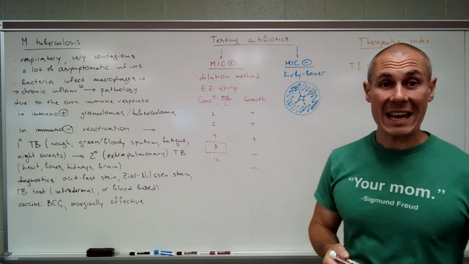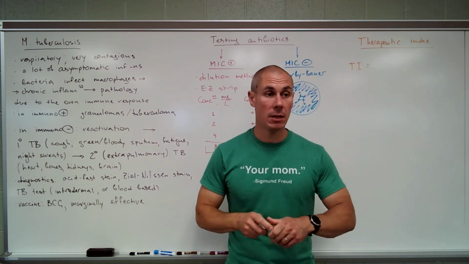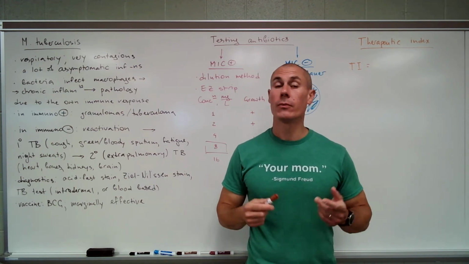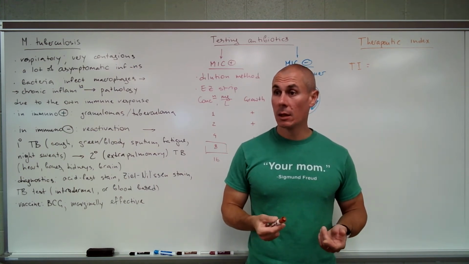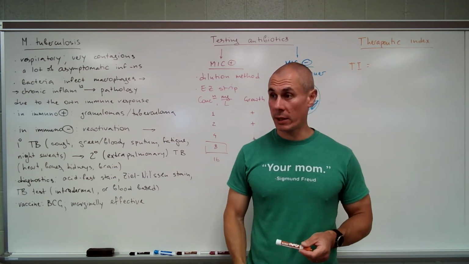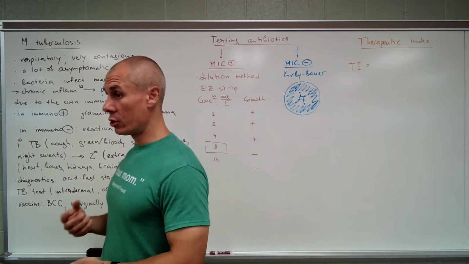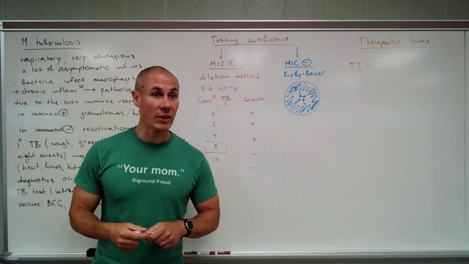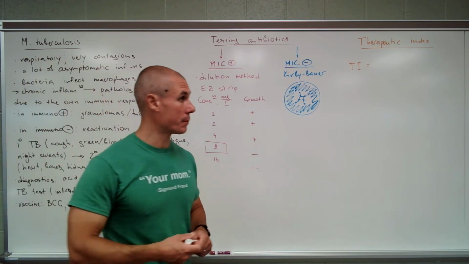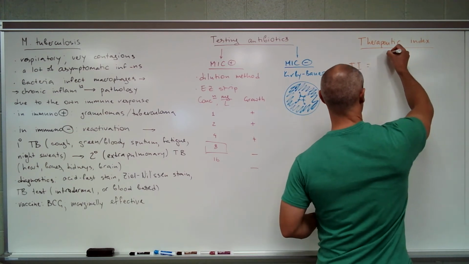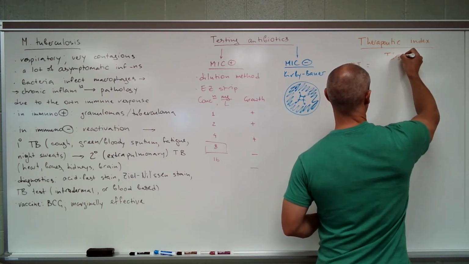Every drug has a toxic dose. Does that make sense? Toxic dose is usually expressed as the median toxic dose, which means dose that induces certain toxicity in 50% of treated patients. Okay? So, median toxic dose.